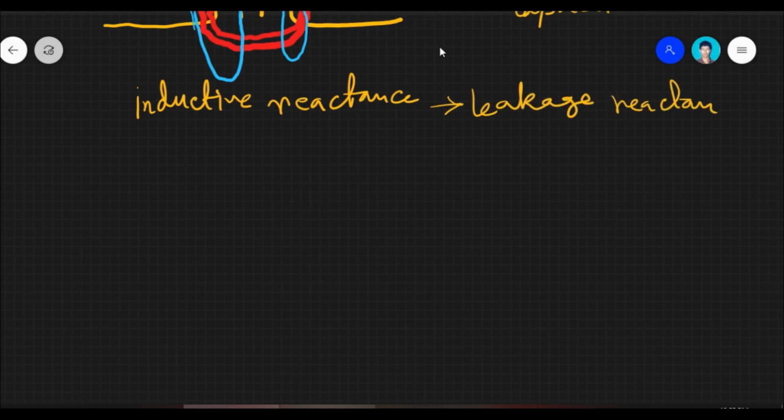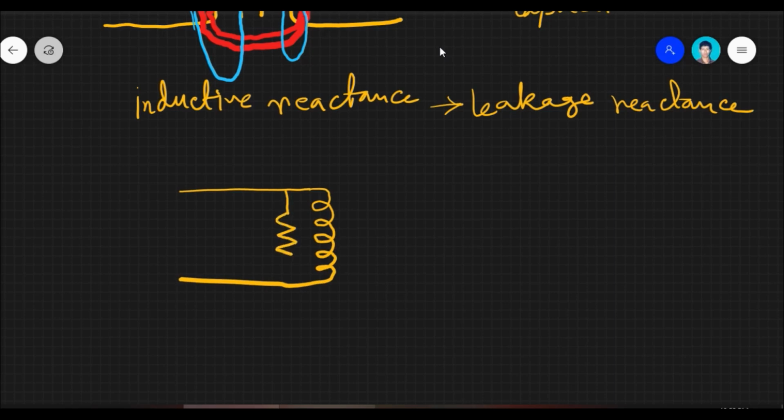Now we have to decide that in our model, which was our equivalent circuit model, which was like this, after considering hysteresis and eddy current loss, shall we place our leakage reactance, if we consider it as XL, here, or we should place it here in series?